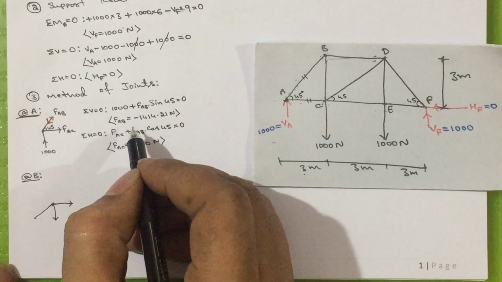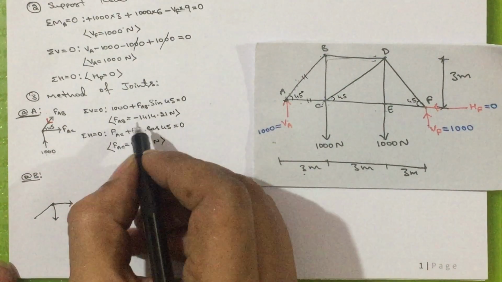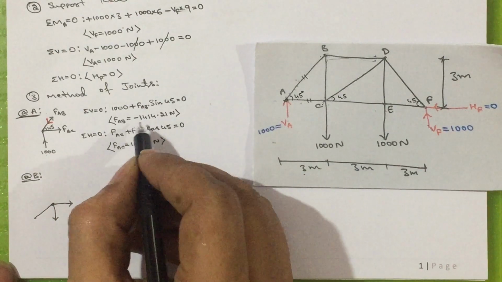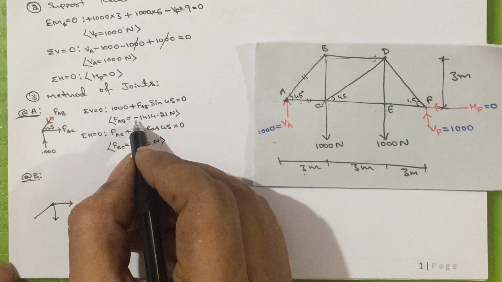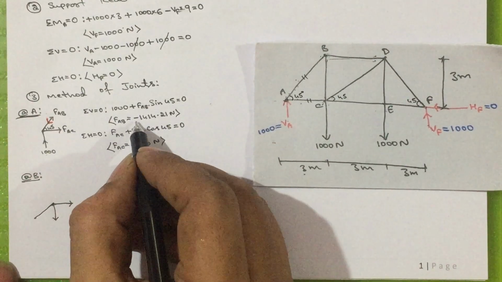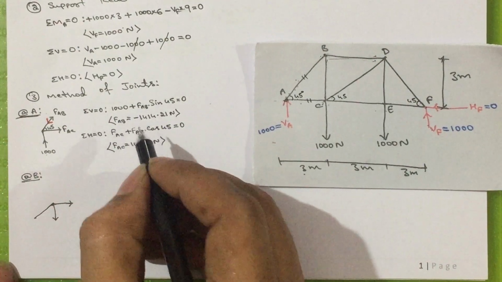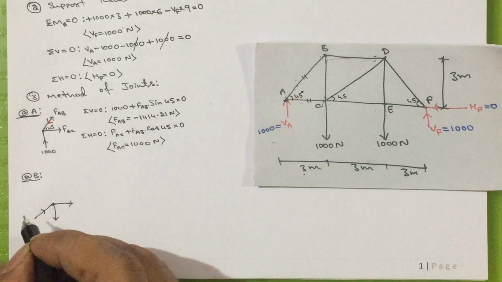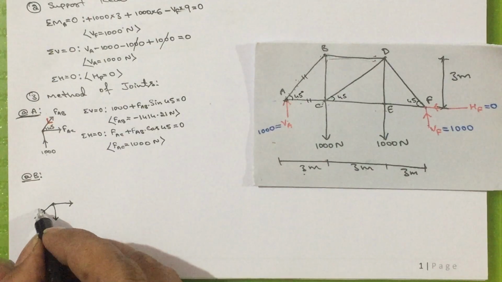How much did we get? AB we got as minus 1414.21. Minus indicates we assumed it was in tension, but we got a negative value, so it is in compression. Compression means towards the point, so write down the positive value here.